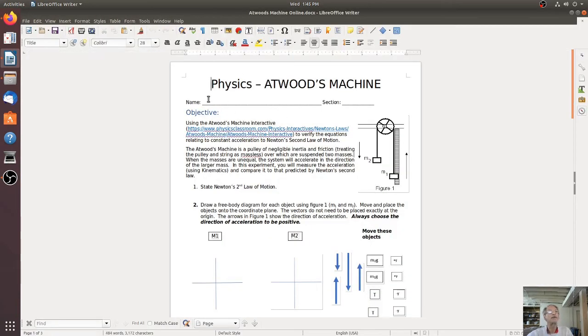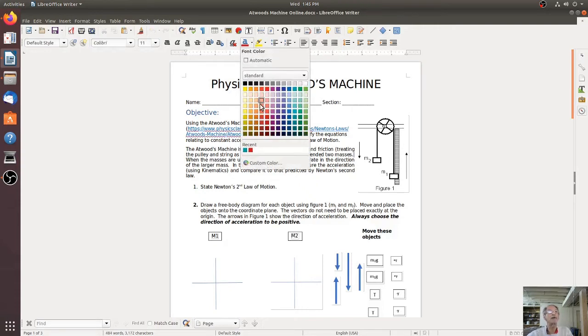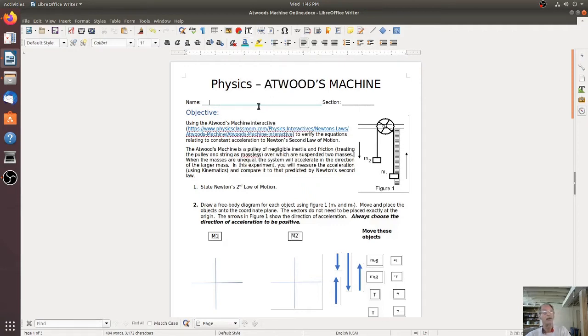And here it is. I'll type in my name. Once again, let's put the stuff I'm typing in a different font. You know how I like that. I like green today. So I'm going to type Charlie. You would type your name here. And then section. You're in section 601.